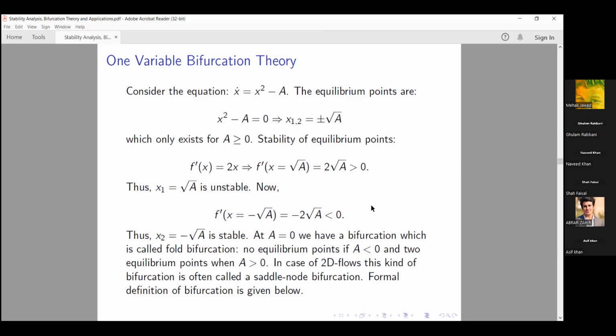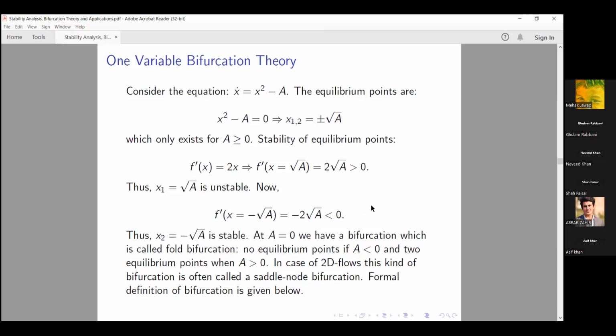therefore it's stable. So at a equals 0, in fact, we have a bifurcation value because f prime of x would be exactly the same for both, which is also known as a fold bifurcation. Of course, if a is less than 0, there are no equilibrium points, because we are only talking about the reals.